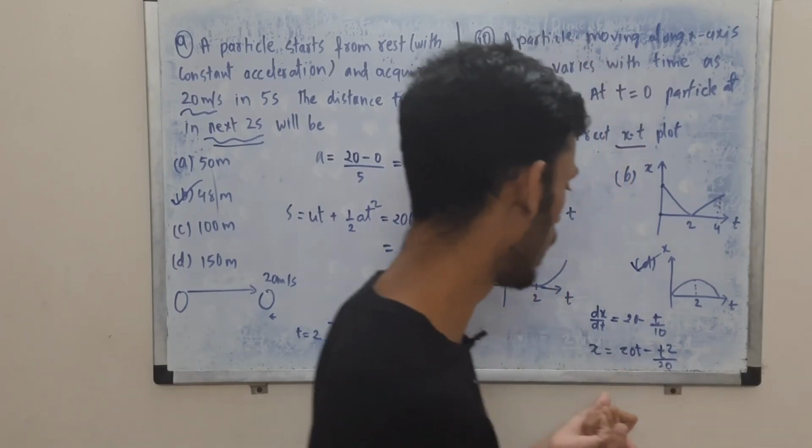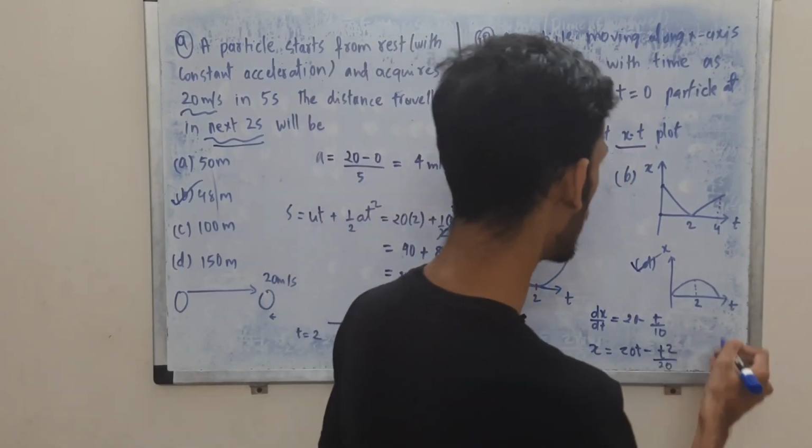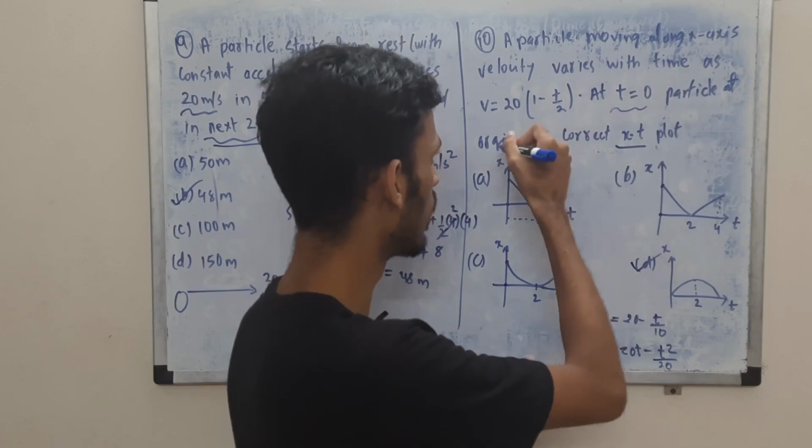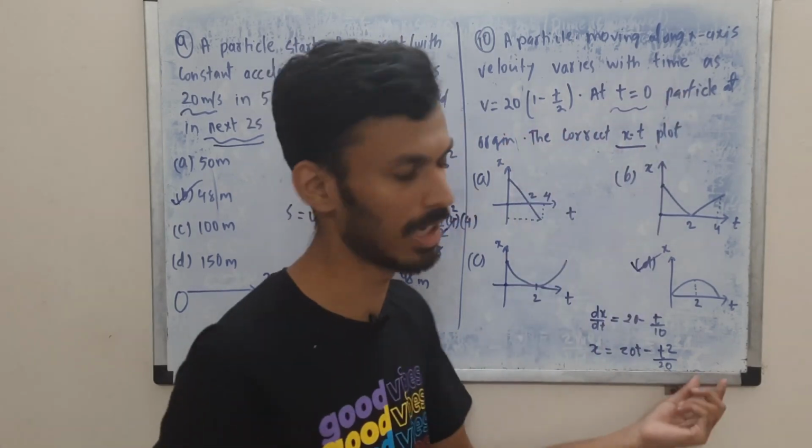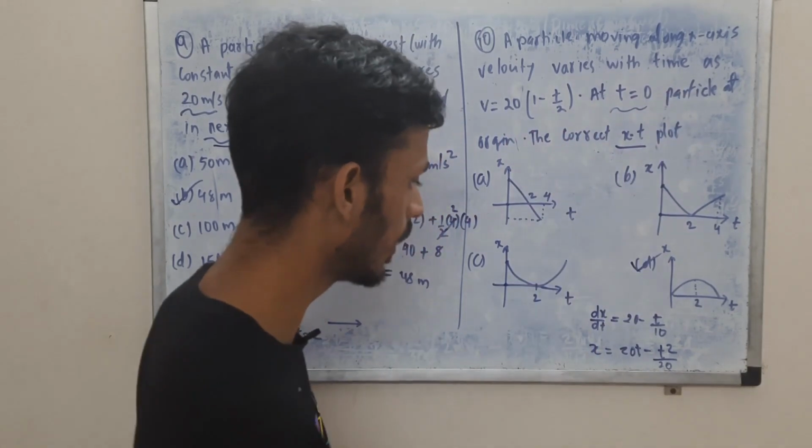You can also see that at t equal to 2, it is not 0, while all other graphs show 0, so you can make an estimated guess. There will also be a constant c, that's why the condition is given: t is 0, x is 0, so that constant will turn out to be 0.